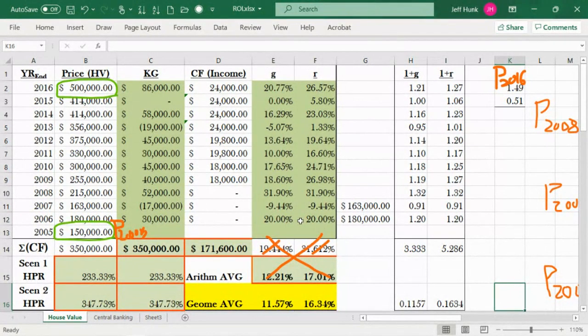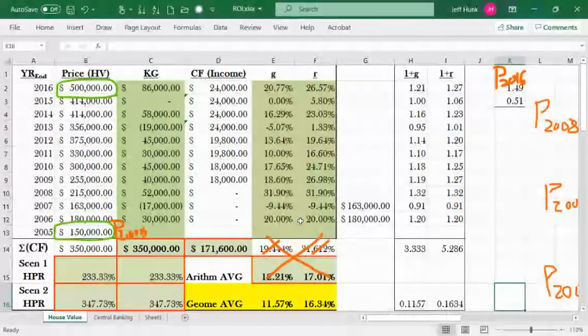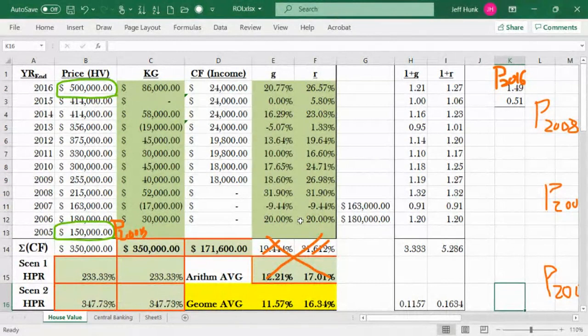In scenario two, if you rent it out, there will be rental income, which is the additional cash flow from owning this house. Why is it additional? Basically, there will be capital gains or capital loss, which is also the same thing.